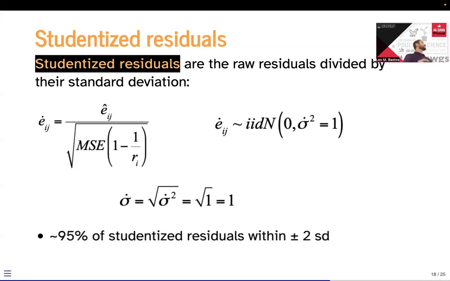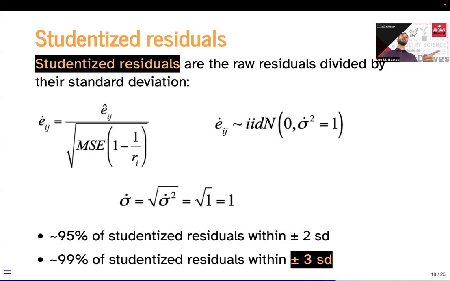Now, once we standardize the residuals, we can use the central limit theorem and make the assumption that if the distribution of the residuals is centered on 0, and they're coming from a normal distribution, then 95% of those residuals would be within plus or minus 2 standard deviations, and 99% within plus or minus 3 standard deviations.